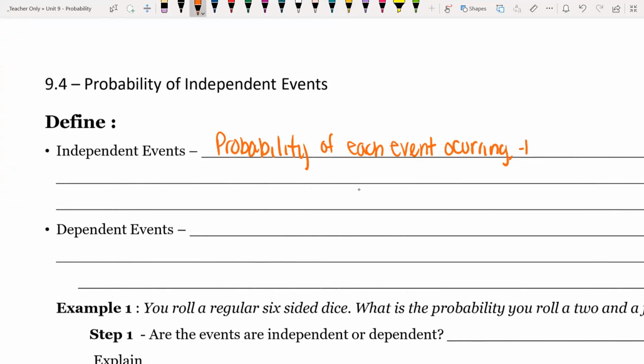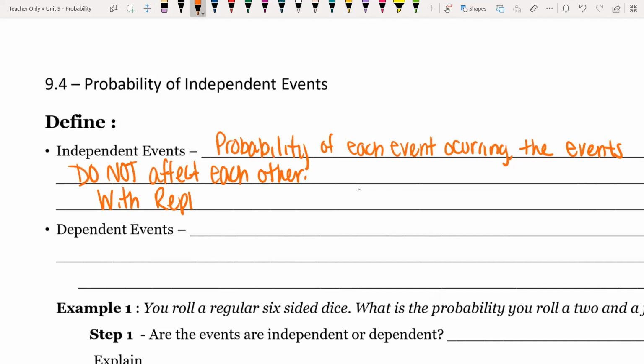The events do not affect each other. So it might be said with replacement. You'll find the probability of one event and then the other, and then you multiply them: probability of event 1 times the probability of event 2.